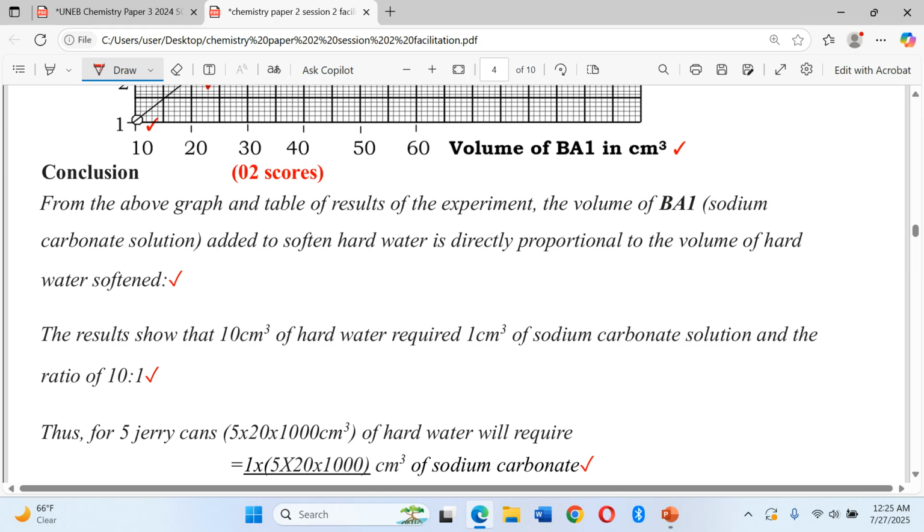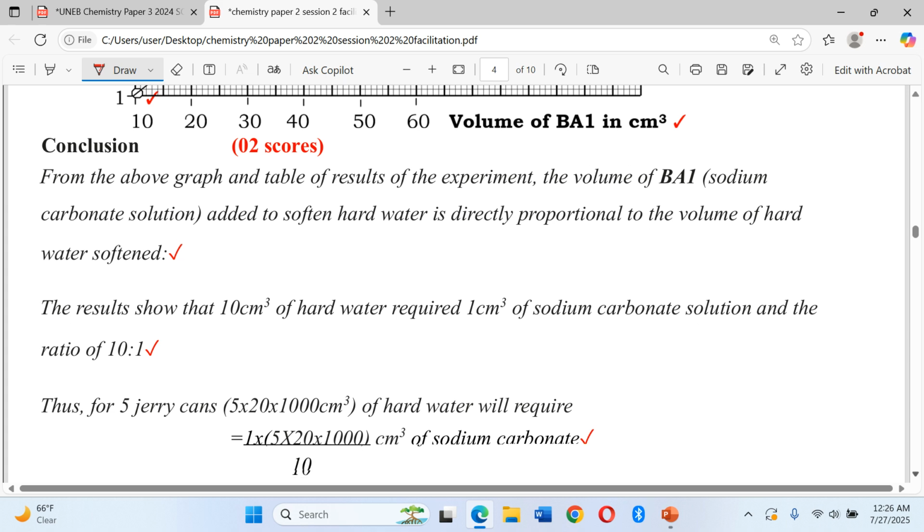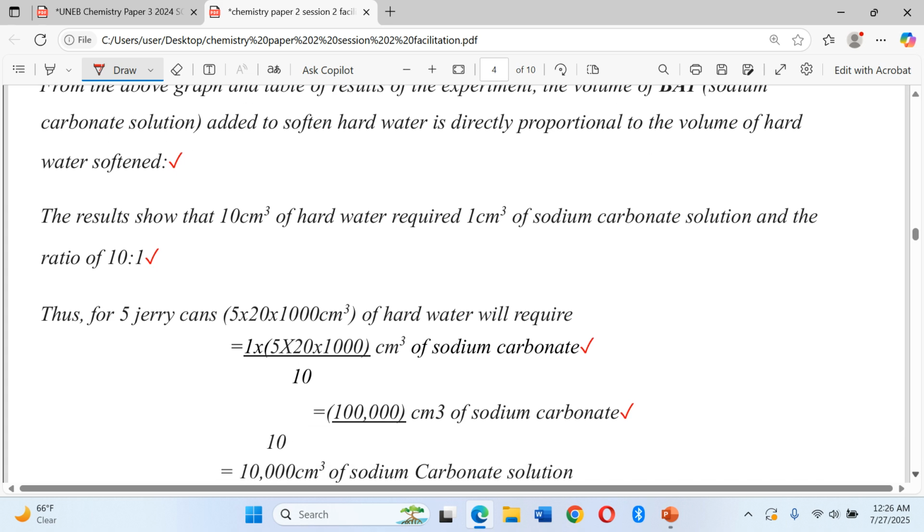Now, it means that 5 jerrycans, because each jerrycan has 20 liters, each liter has 1,000 cubic centimeters. So we can convert 5 jerrycans into cubic centimeters, which means it will be 5 times 20 times 1,000 to get the volume of water used by this girl.